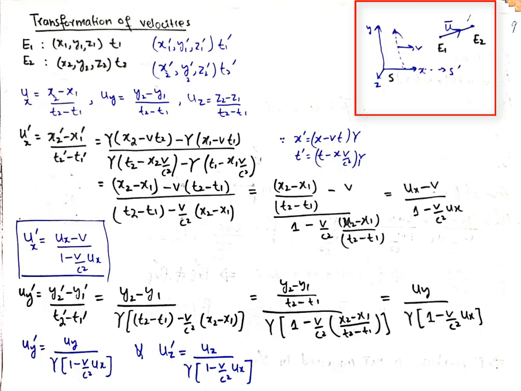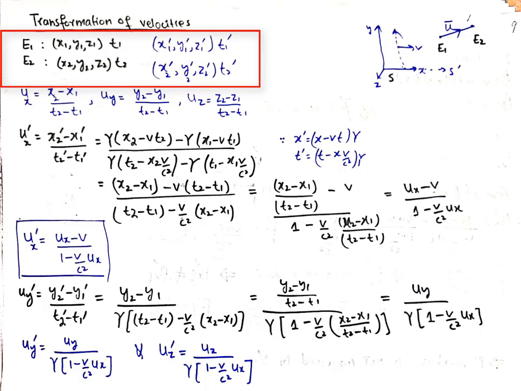So now we can have two events. Event E1 is when this particle is at this location in S frame and at this particular time. That is, event 1 is when the particle is at x1, y1, z1 location and the time is t1.